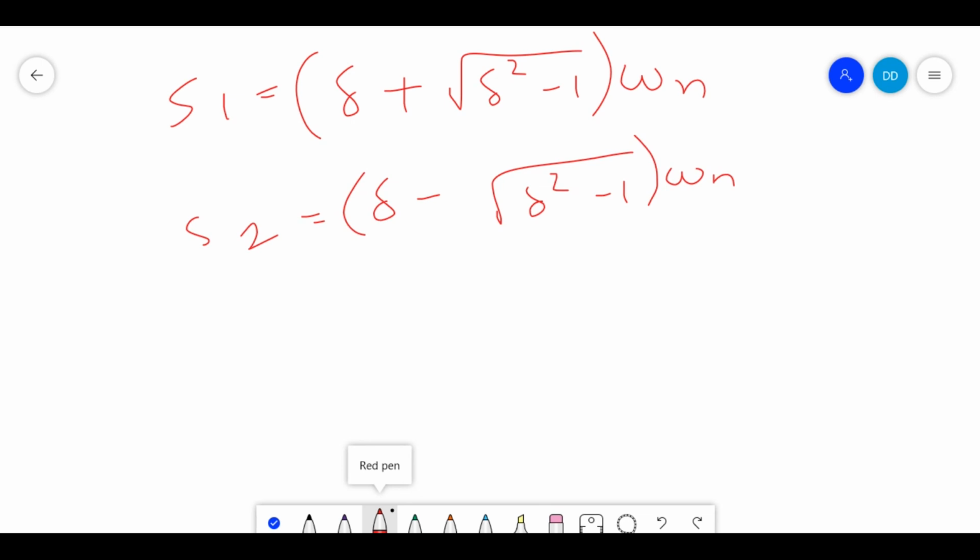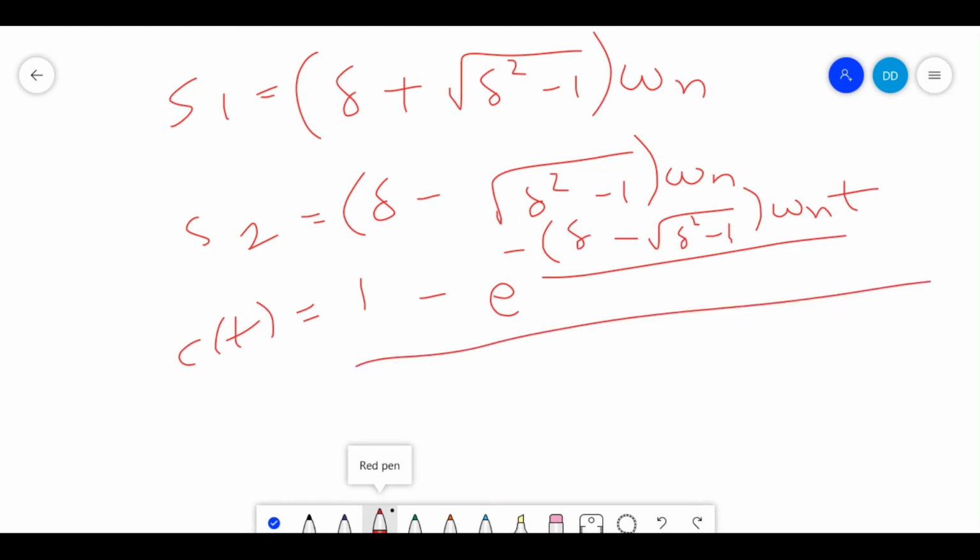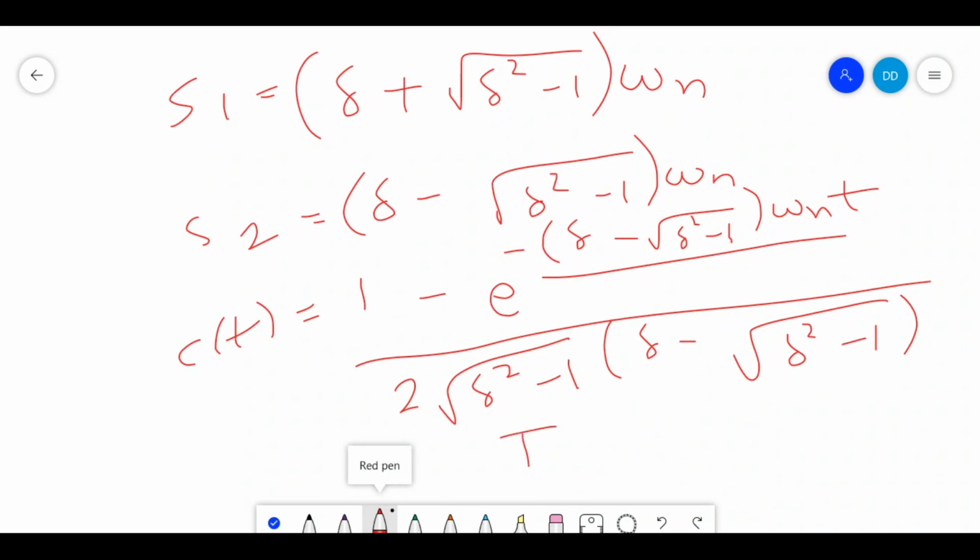So for values of delta comparatively greater than 1, the effect of the faster time constant on the time response can be neglected, and we can write C of t as 1 minus e to the power minus delta minus root of delta square minus 1 into omega n into t, all this exponential term divided by 2 into root of delta square minus 1 into delta minus root of delta square minus 1.